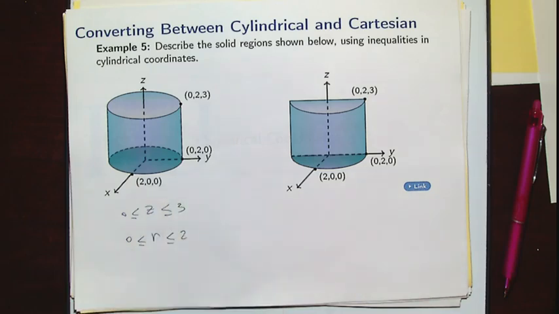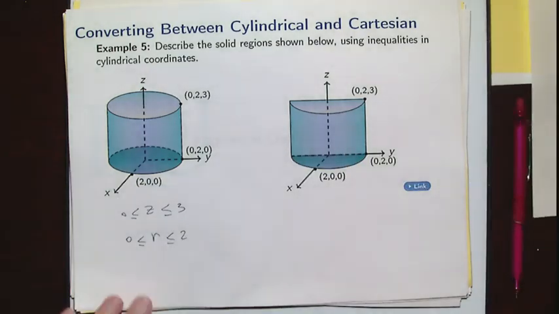Make sense? So all the points inside, look at the shell. Can everybody see this from the back? That's my cylinder. Points inside are going to be less than 2. And R is bigger than 0, so those are the limits that I'm getting.